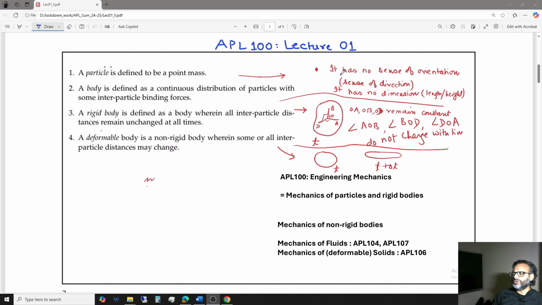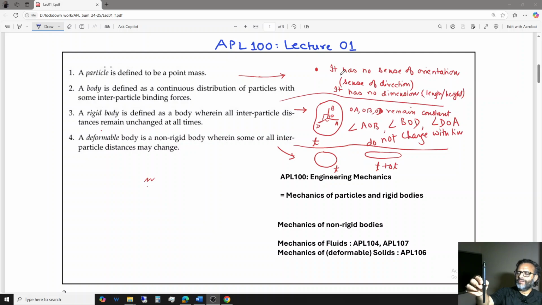What I mean by sense of orientation, if you focus on this pen, this is not a point mass. It has a sense of orientation in the sense that if I am the observer, right now I say that the tip of the pen is pointing upwards.